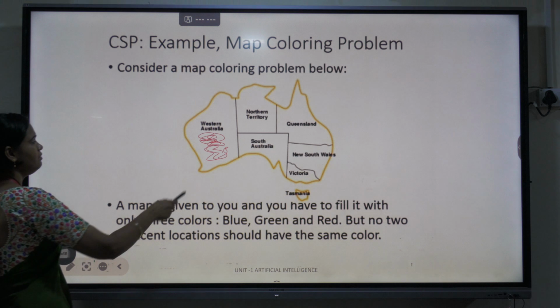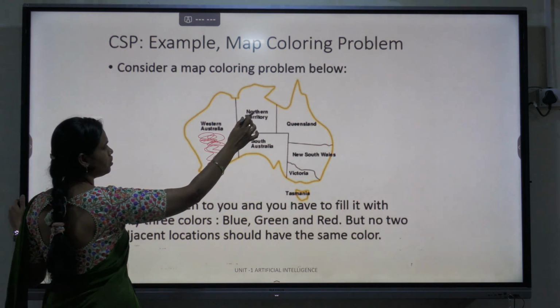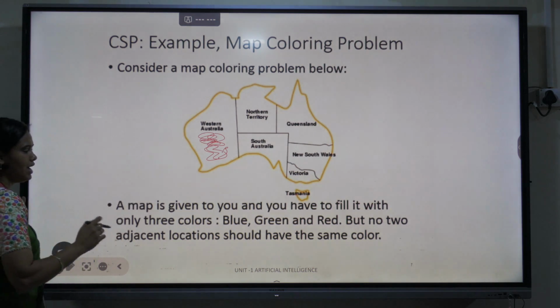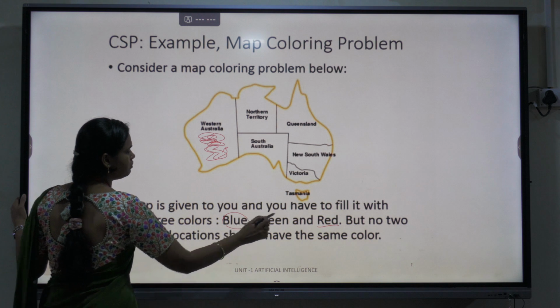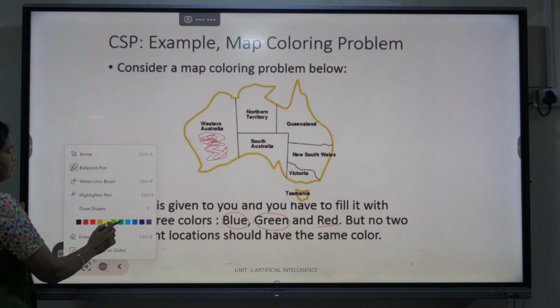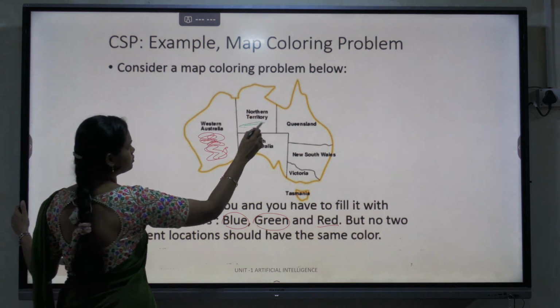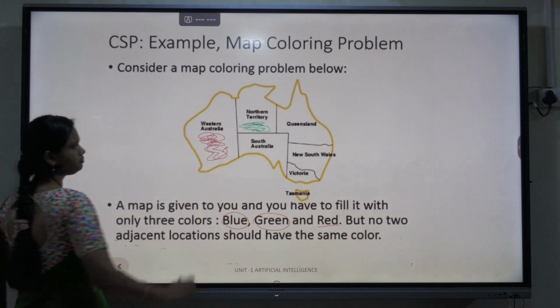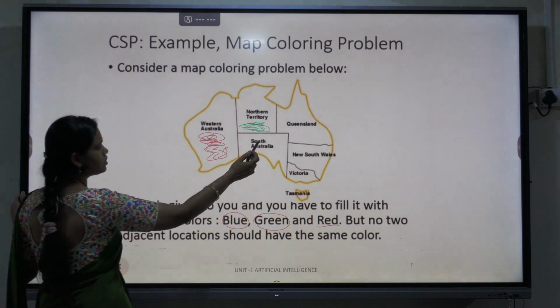So from the domain values we have filled red. Now what is the possibility for the next node, Northern Territory? As red is used, you can fill it with either blue or green. So I am filling the Northern Territory with green. And what about South Australia?